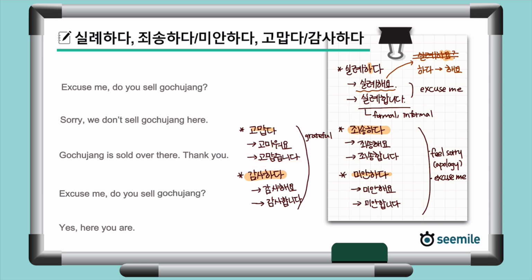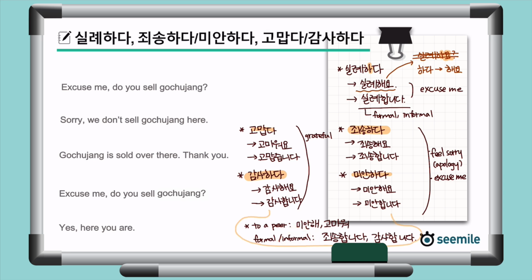So when there is no need for formality or if the other person is a peer, use 미안하다 and 고맙다 as in 미안해, 고마워. And just like with 실례합니다, saying 죄송합니다 or 감사합니다 isn't awkward even in an informal situation.